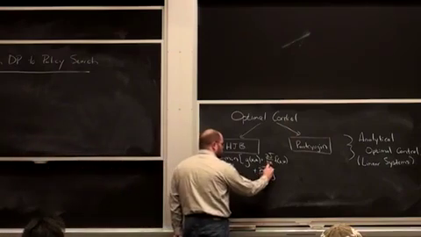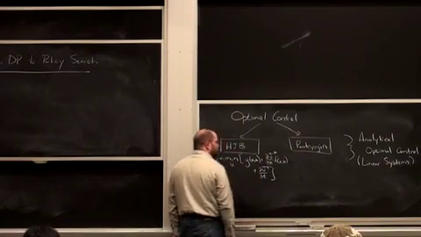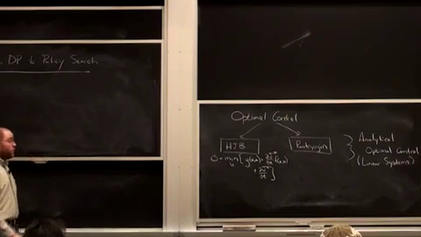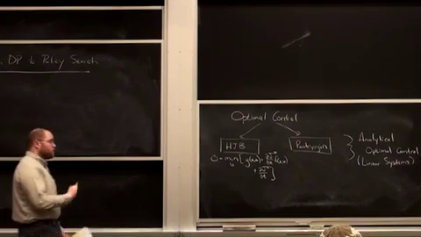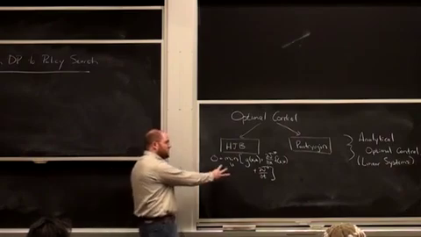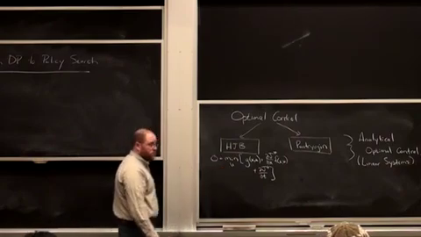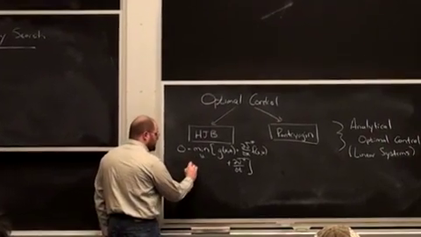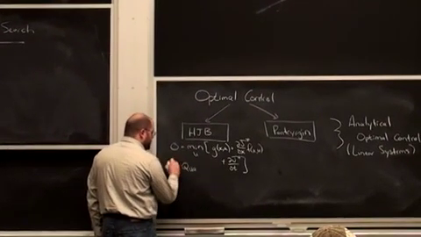I should put stars on here to be careful. The optimal cost to go is described by that equation. So one approach to these things is to directly try to compute solutions to this partial differential equation. We did it analytically for the quadratic regulator problems, the linear quadratic regulators.